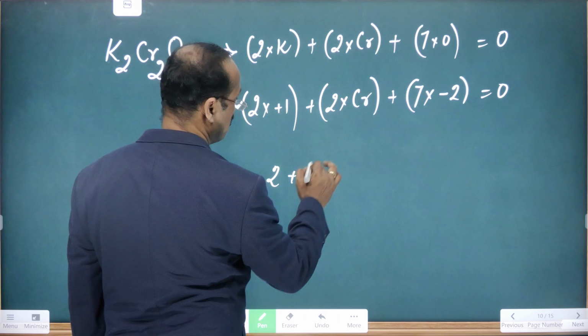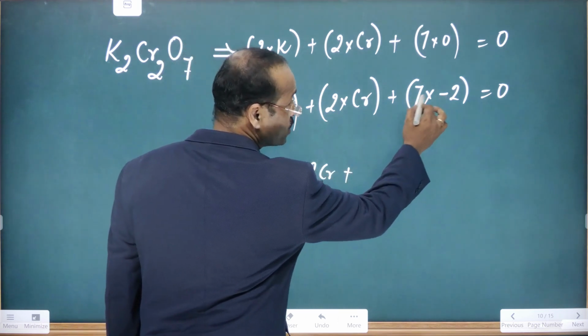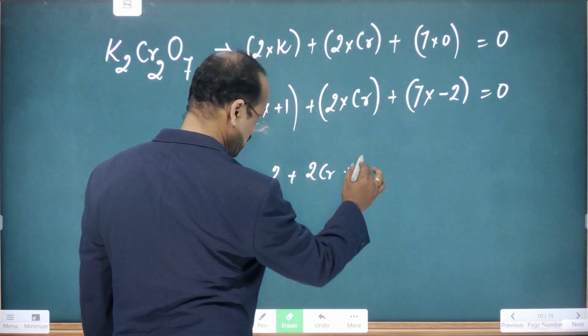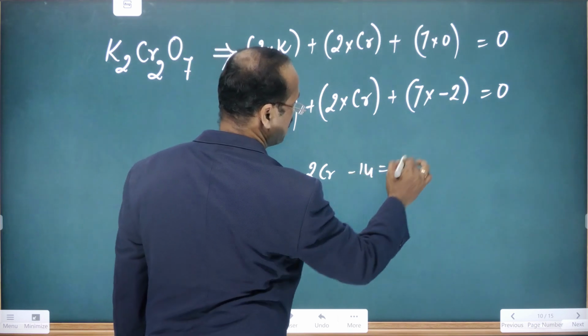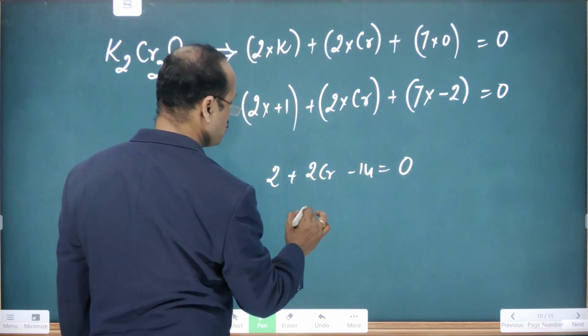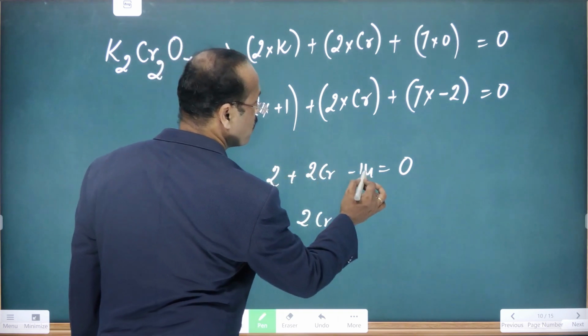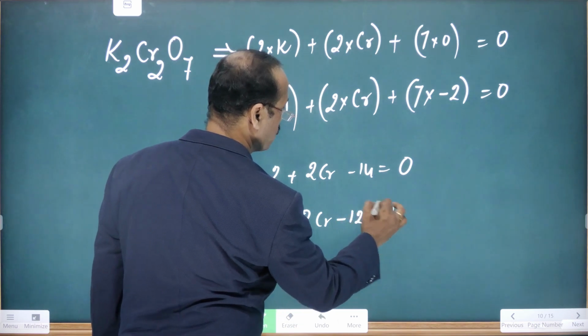Plus 2 into chromium, 2 Cr. Plus 7 into minus 2. Minus 2 into 7 is minus 14. So this becomes minus 14, is equal to 0. Now this 2 Cr I'll write like this only. Here 2 plus 2 minus 14. Plus 2 minus 14 is minus 12, is equal to 0.